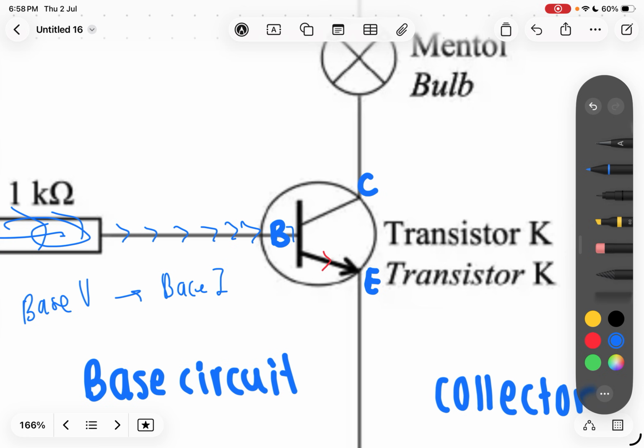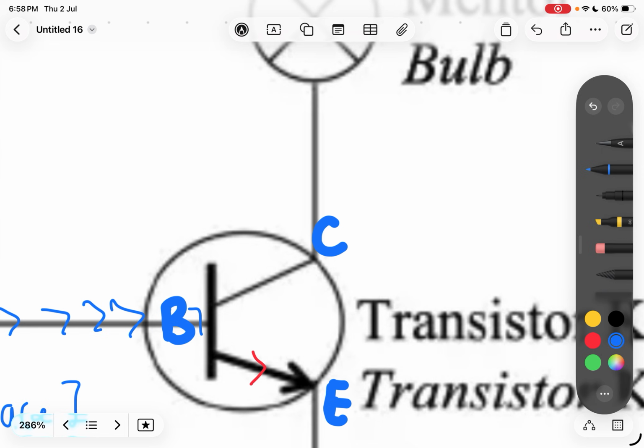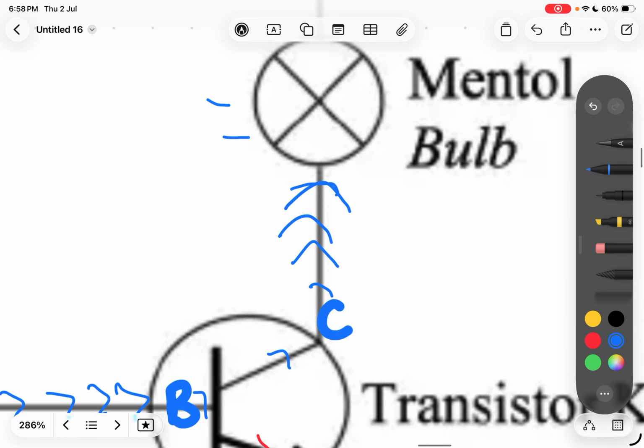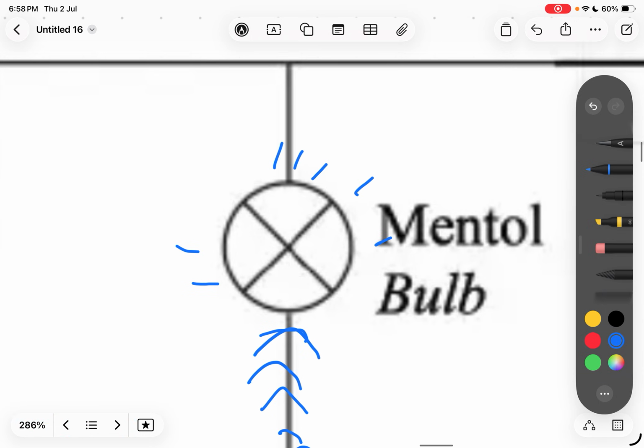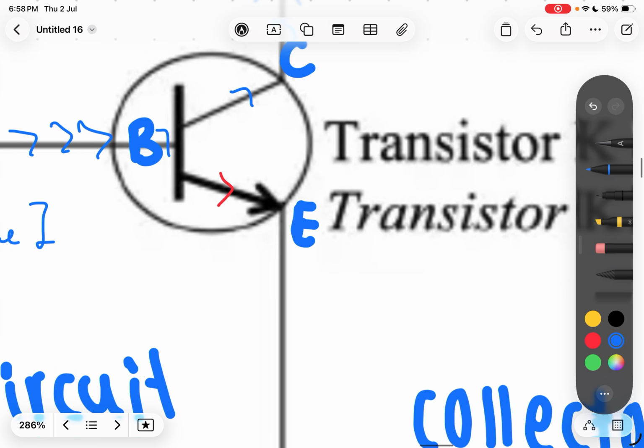So when the transistor functions, it's not the base circuit anymore. It's called the collector current. So the collector current will be so large, and then it will be able to light up the bulb.